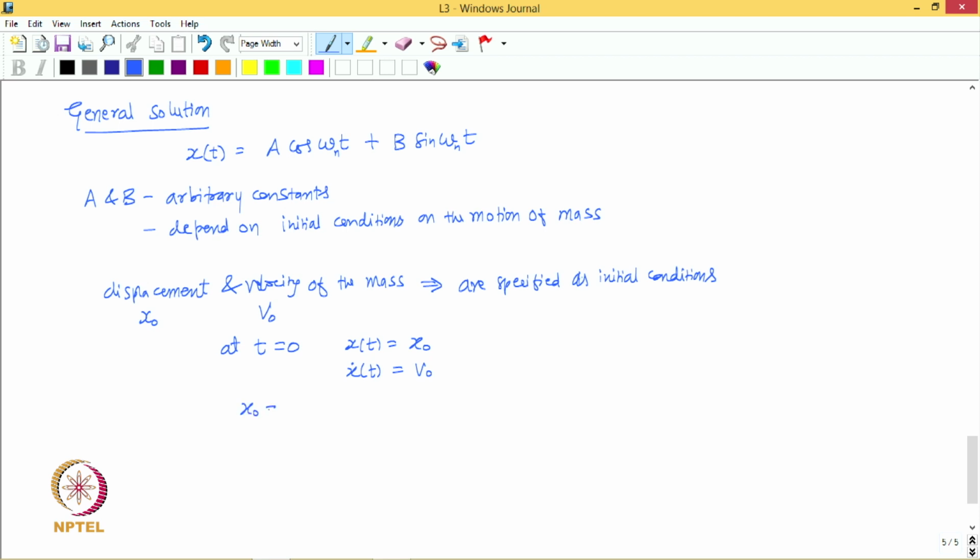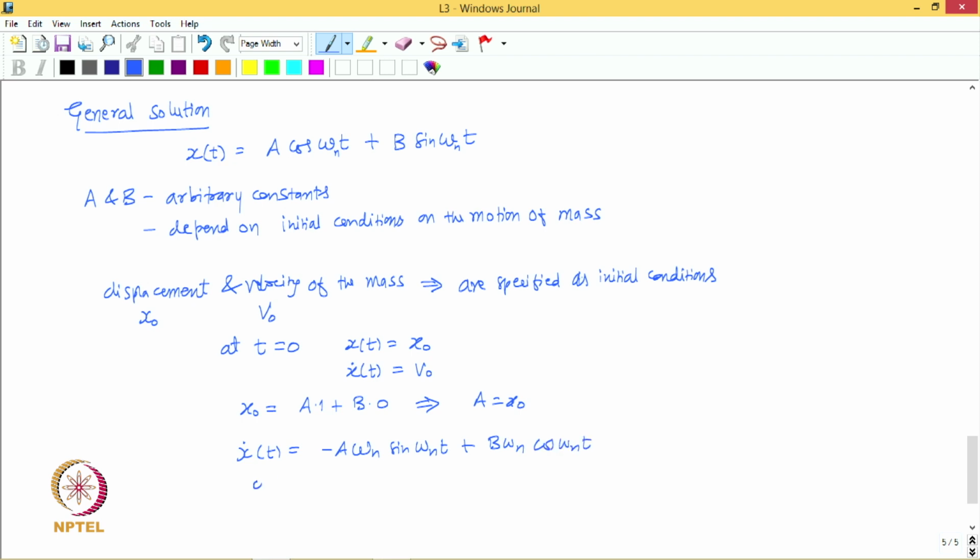So we can say that x naught is equal to a plus, this is 1, then b into 0. So this leads to a is equal to x naught. Similarly, we can differentiate the displacement to obtain the velocity: a omega n sin omega n t plus b omega n cos omega n t.